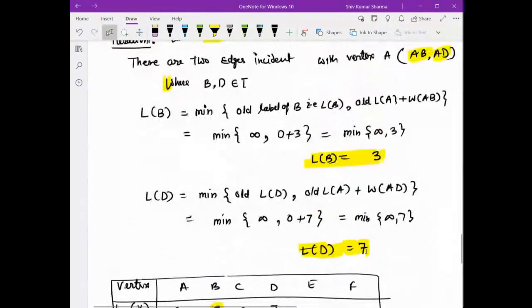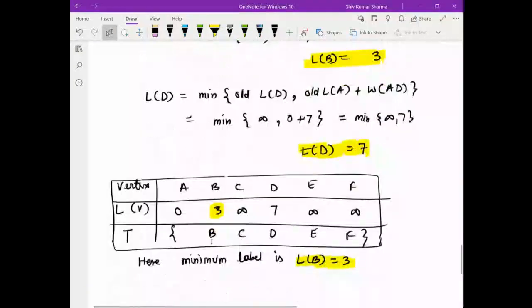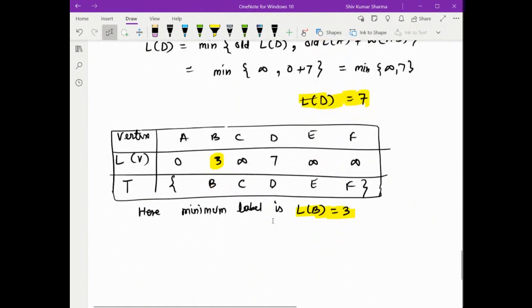The two vertices B and D are incident with vertex A. So we find the minimum level of both vertices B and D: the level of B is 3 and the level of D is 7. So we write 3 and 7 in the table. Again we check the minimum level of both vertices. We see that the level of B has the minimum weight, which is 3.